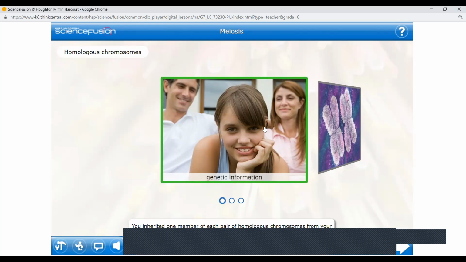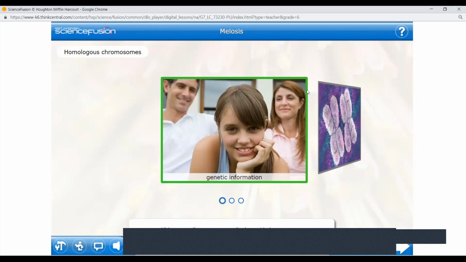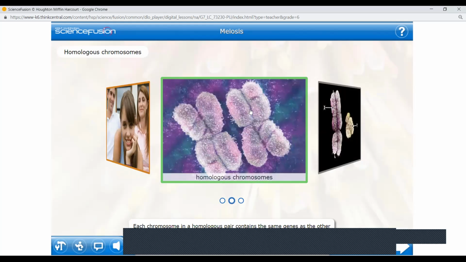You inherited one member of each pair of homologous chromosomes from your mother and the other from your father. All human cells, except sex cells, have 46 chromosomes. Each chromosome in a homologous pair contains the same genes as the other one in the pair. However, the exact version of the gene may differ.